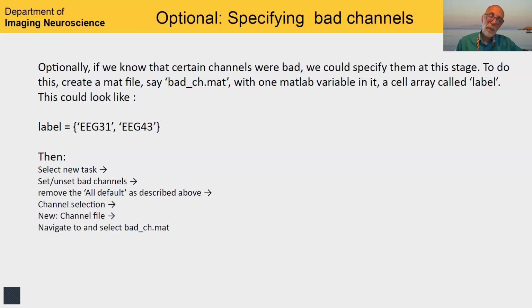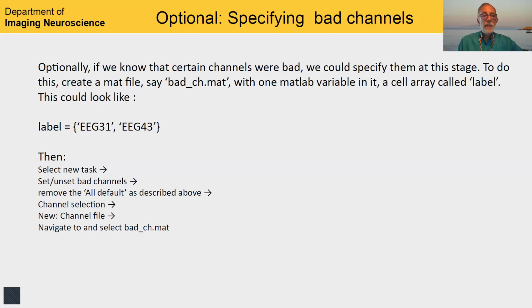And one way to do that, probably the most practical way, is to create a mat file, say bad_ch.mat, and in that we store one MATLAB variable, and that has to be called label. And this is going to be a cell array, and it's going to have in it 2 character arrays, as it shows on the screen if I wanted to say that EEG 31 and 43 were bad channels.